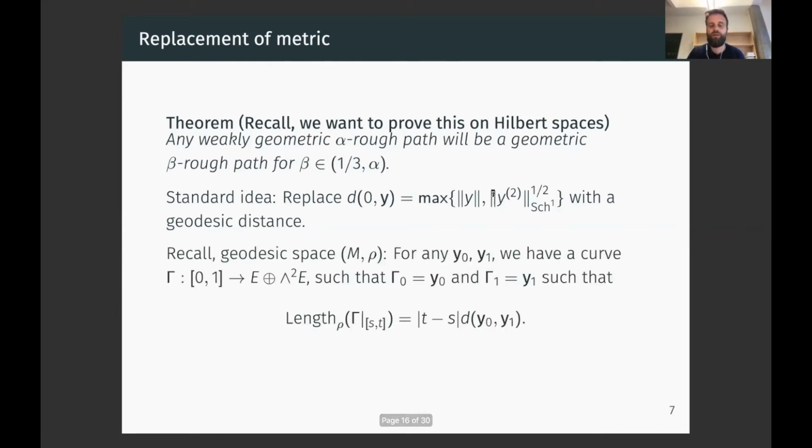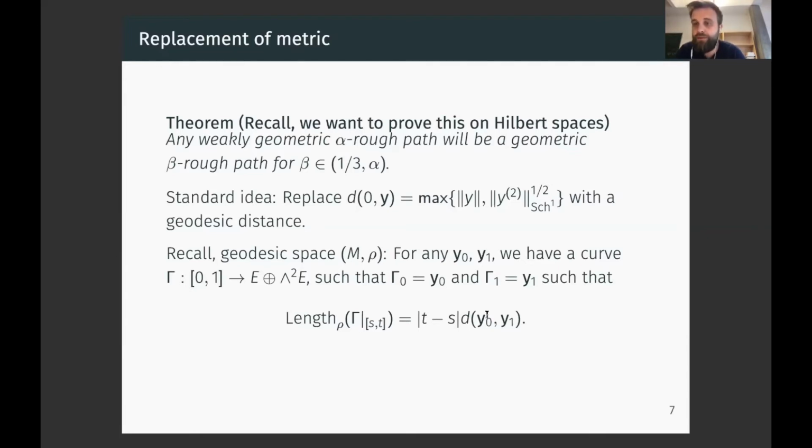Recall that a metric space is geodesic if you can connect every 2 points by a geodesic. That means that you have some curve going from one point to another, and the length of the curve is exactly the distance between them. And also, if you go any further apart, then the length is actually just the length of the interval times this thing here.